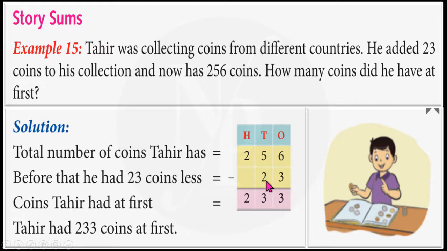On subtracting 23 from 256, we get 233 as a difference. So Tahir had 233 coins at first. That means before adding 23 new coins to his collection.